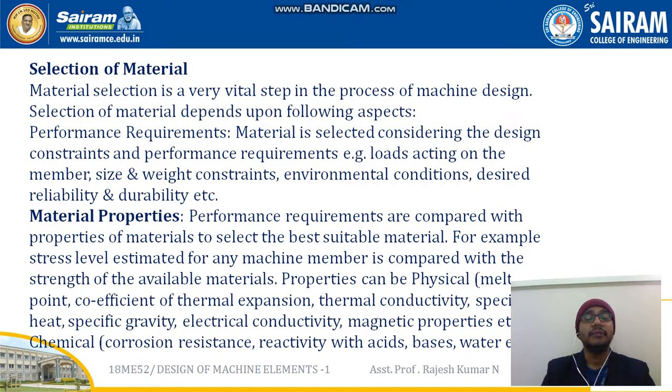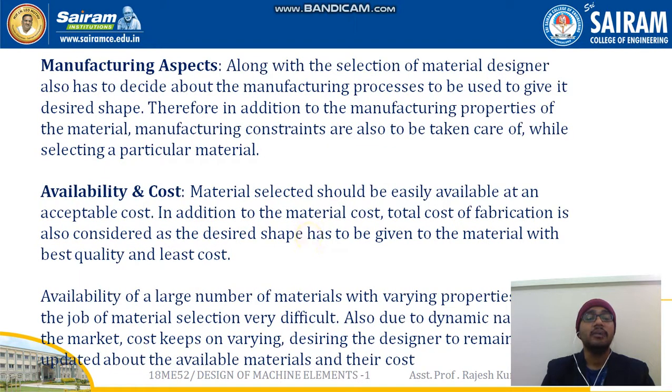Properties can be physical, maybe melting point, coefficient of thermal expansion, thermal conductivity, specific heat, specific gravity, electrical conductivity, magnetic properties, etc. And when we talk about chemical properties, it may be corrosion resistance, reactivity with acids, bases, waters, etc. So we have many physical and chemical properties that we also need to consider before we estimate the stress level with the other products.